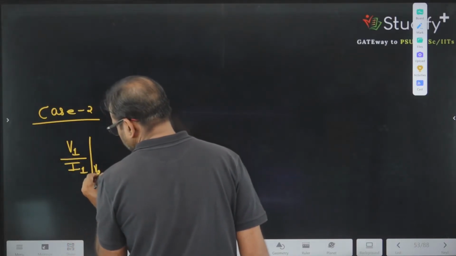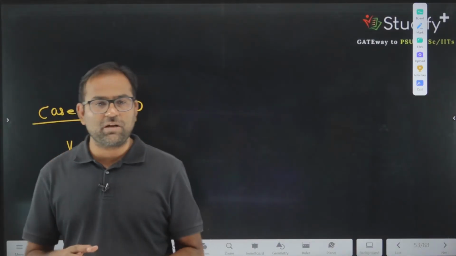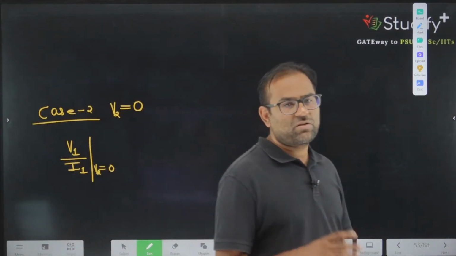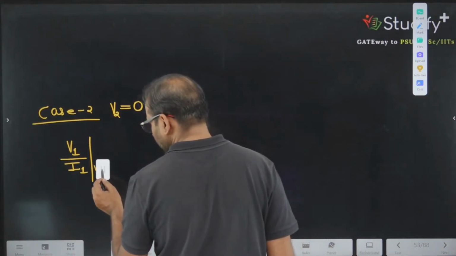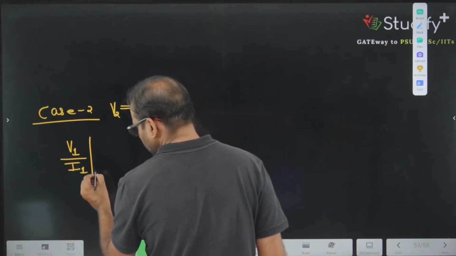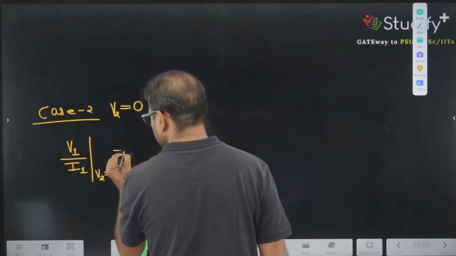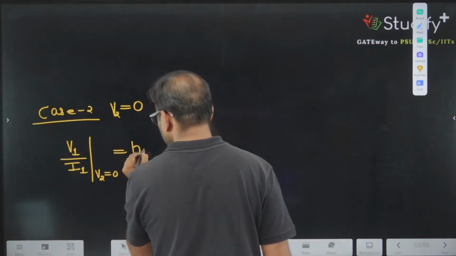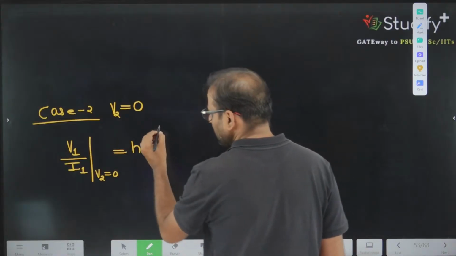We can call this parameter the short circuit input impedance. The ratio of input voltage and input current is known as input resistance. This parameter is H11, and you can call it short circuit input impedance.